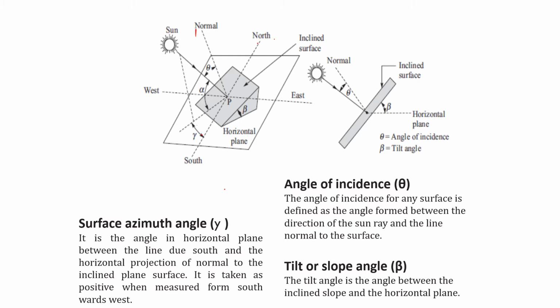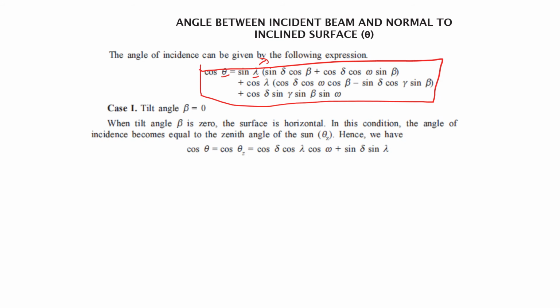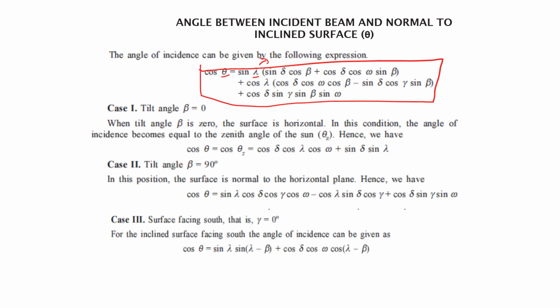We had also discussed the angle of incidence and the tilt or slope angle. And we had discussed the correlations which have been derived, relating it to the different geometrical angles which we had discussed earlier.